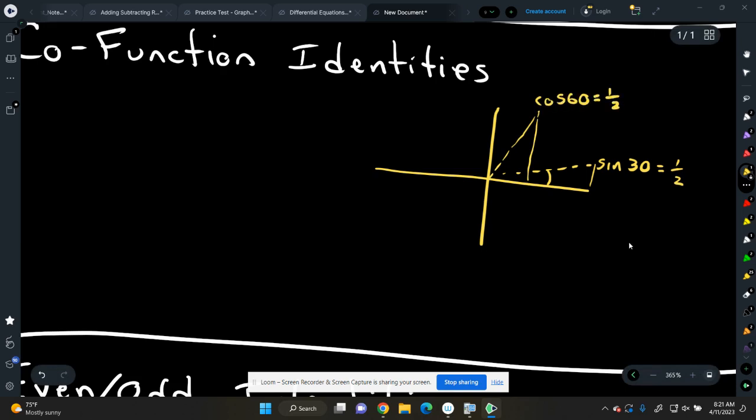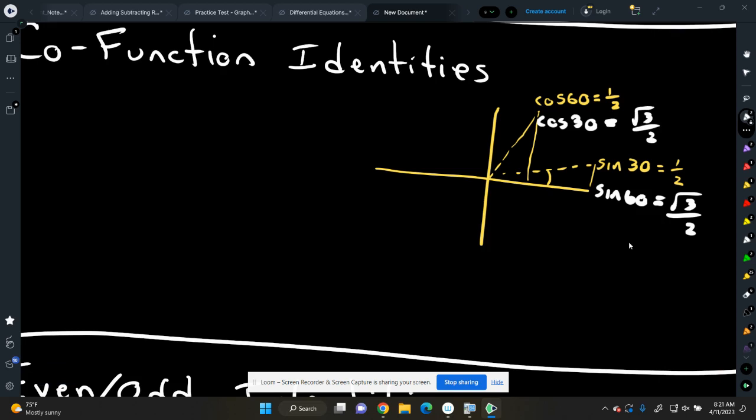What is the sine of 60 degrees? Right. Square root 3 over 2. How about the cosine of 30 degrees? Okay, do you see a pattern here? What's the pattern? Not the opposite. It's the complement, right? Yeah.